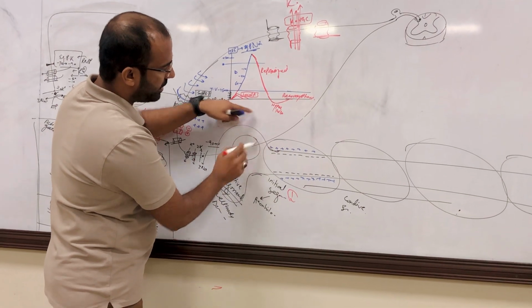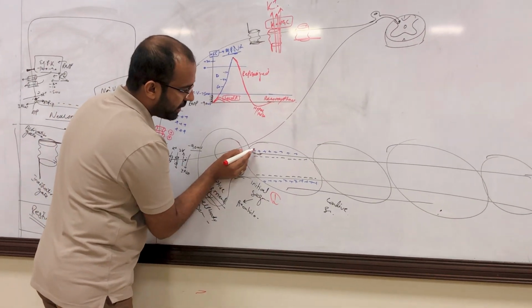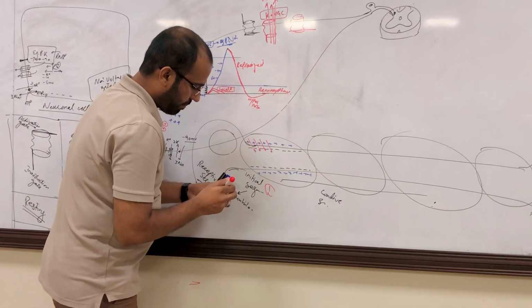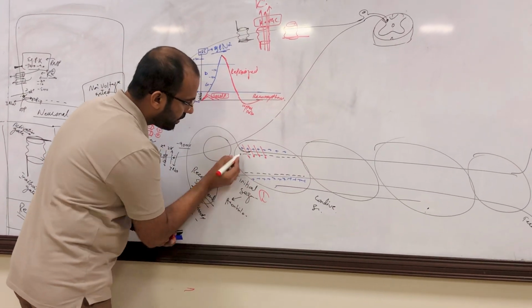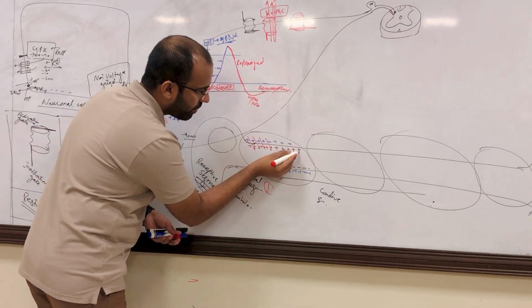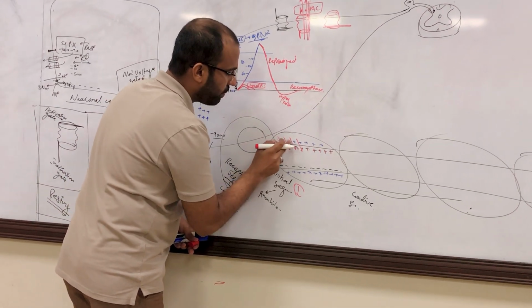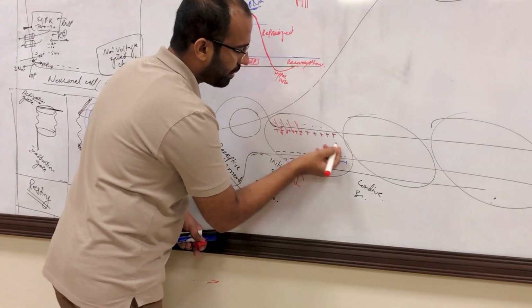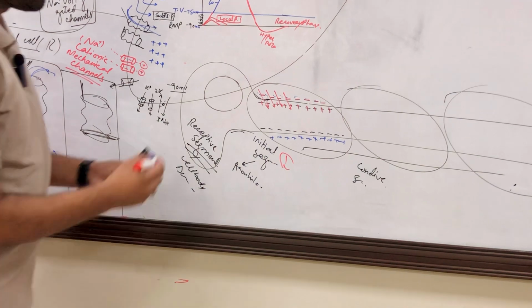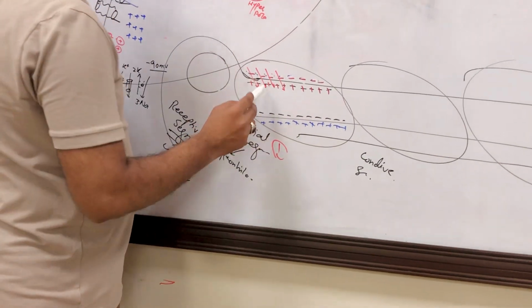Sodium will rush inside, making the cell positive inside, and outside it becomes electronegative as compared to the inside, because sodium comes in.